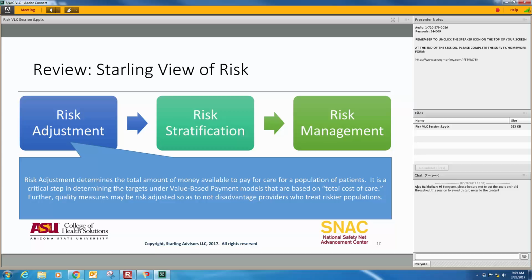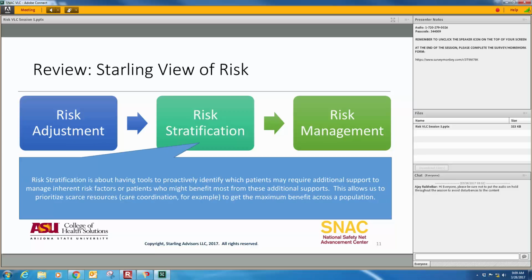Quality measures, social determinants of health, and other factors might play into the risk adjustment of the patient populations, but those models, as we know, are still evolving, and our ability to work with payers to partner on effective risk adjustment models and mechanisms is a continuous challenge for us.